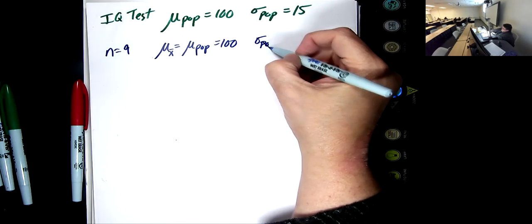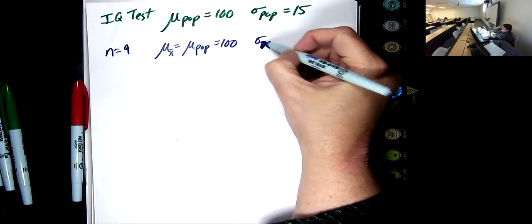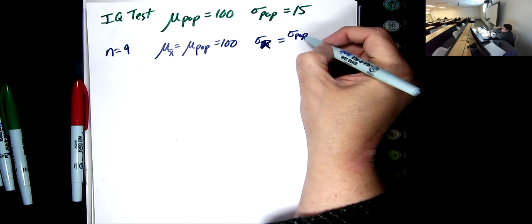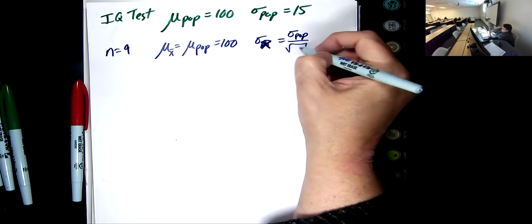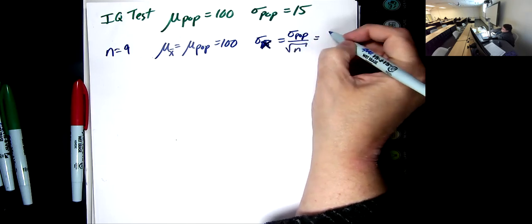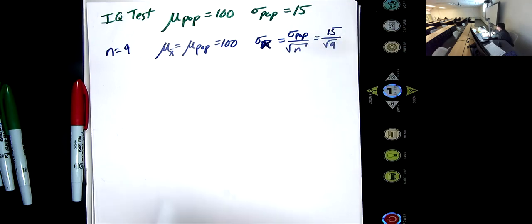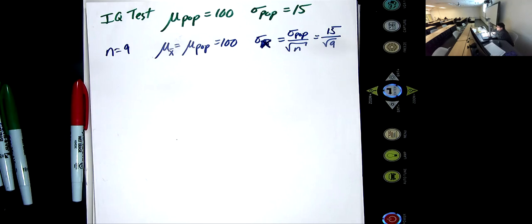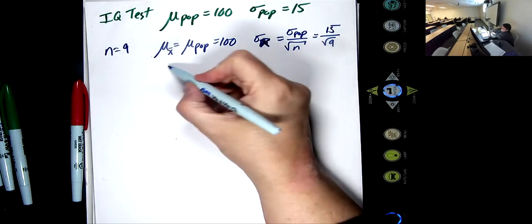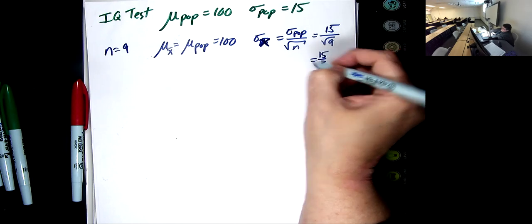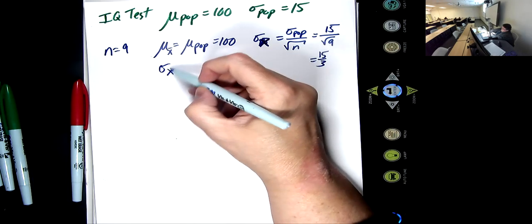The standard deviation of my sample groups should be sigma pop over the square root of n, which is 15 divided by the square root of 9. Square root of 9 is 3. So sigma x bar is 5.